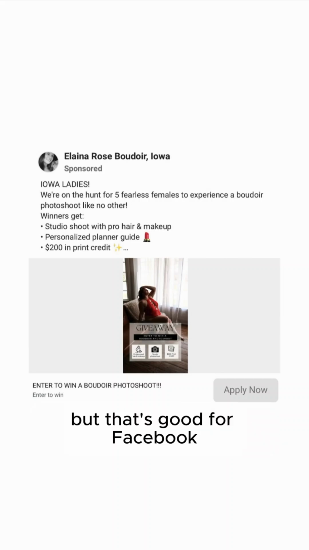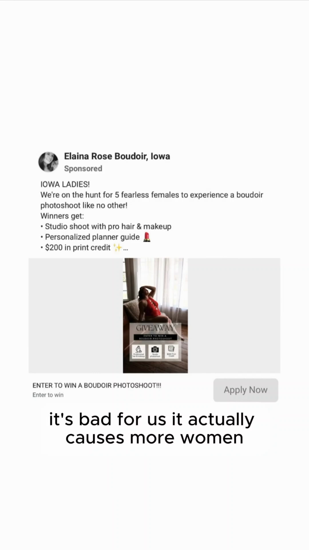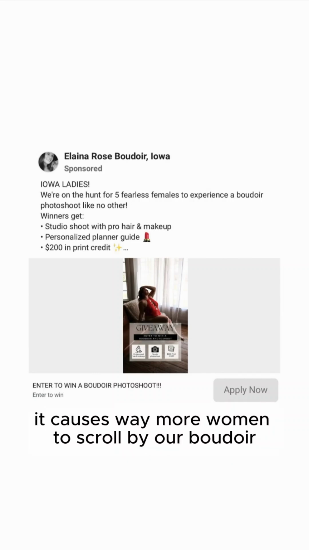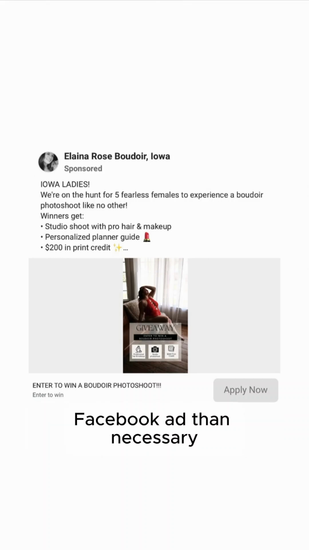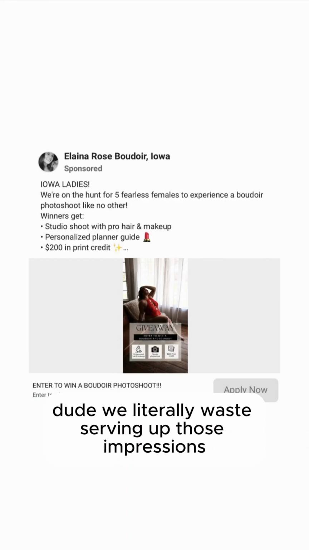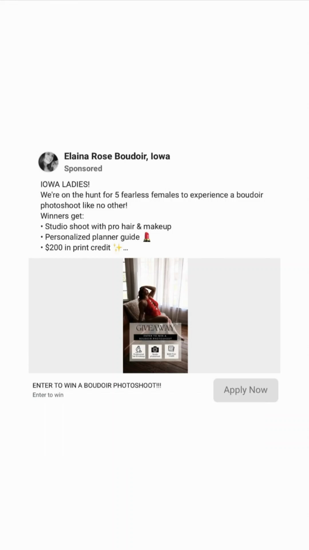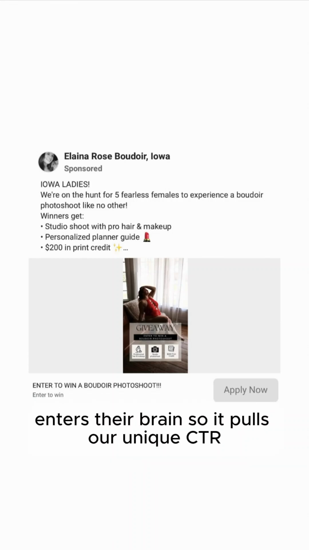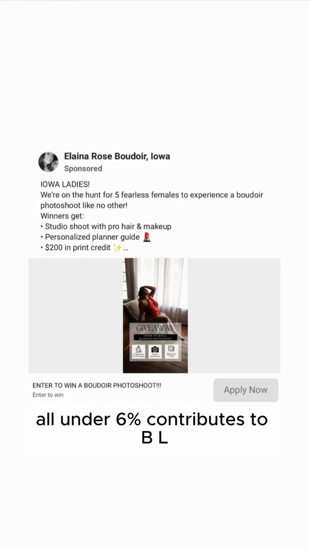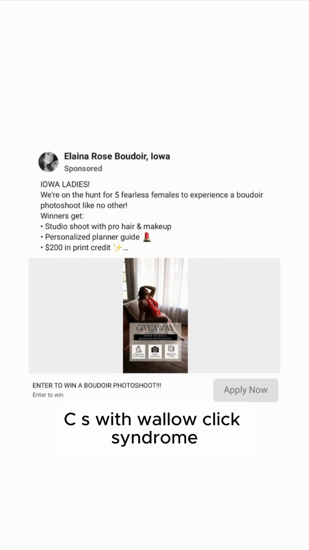But that's good for Facebook. It's bad for us. The consequence is it causes way more women to scroll by our Boudoir Facebook ad than necessary. We literally waste serving up those impressions because the women are just going to scroll on by, our ad never enters their brain. So it pulls our unique CTR under 6%, contributes to BLCS, Boudoir low click syndrome.